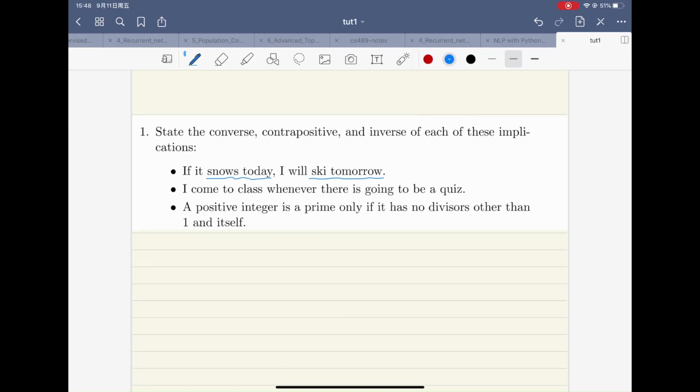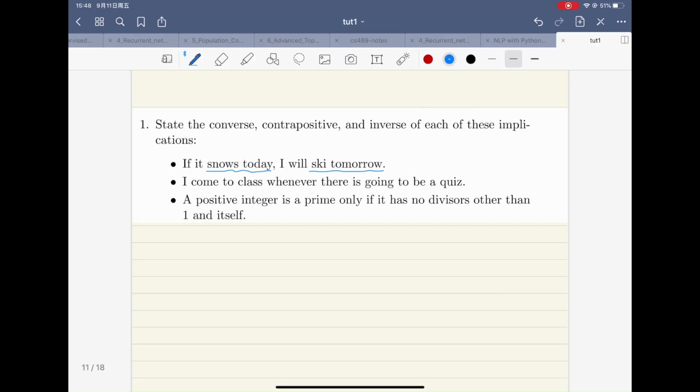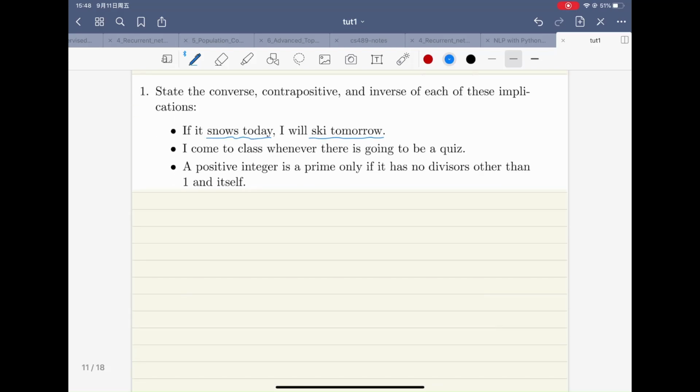So then the question asks you to find the converse, contrapositive, and inverse. So first, let's find the converse. Assume this statement is if P, then Q, which if we write in propositional logic is P implies Q, and the converse just swaps the hypothesis and conclusion.